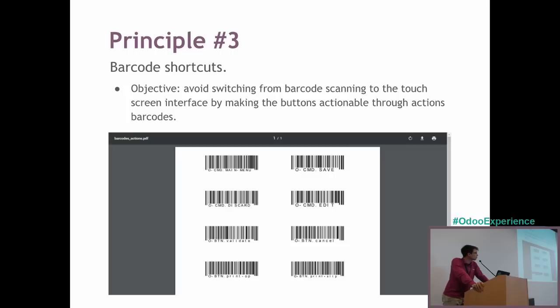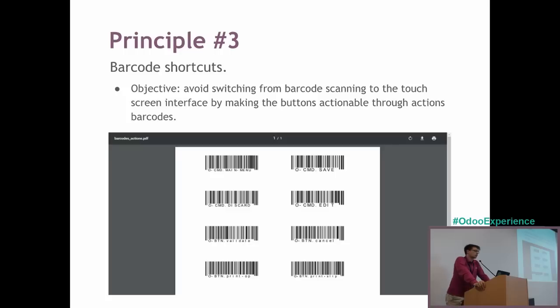This is really to avoid the operator having to switch from the barcode scanner and go back to the touchscreen interface, having to click on the different buttons in the interface. So with those barcode shortcuts, you can quickly activate and click on the different buttons that you have in the interface, such as the edit, save, validate button, validate lot.